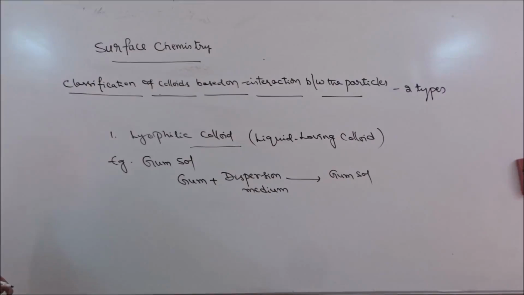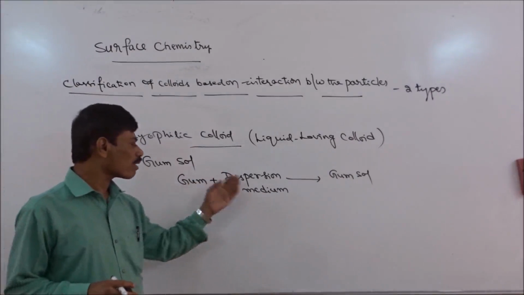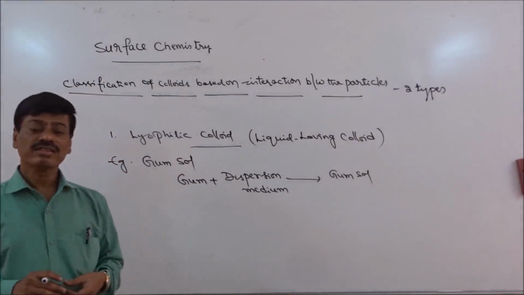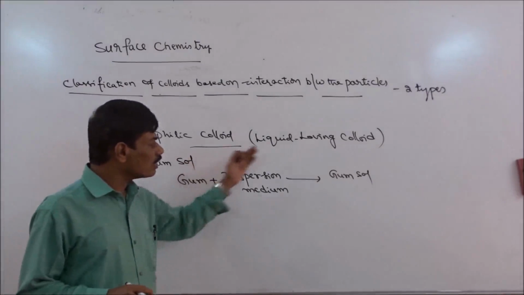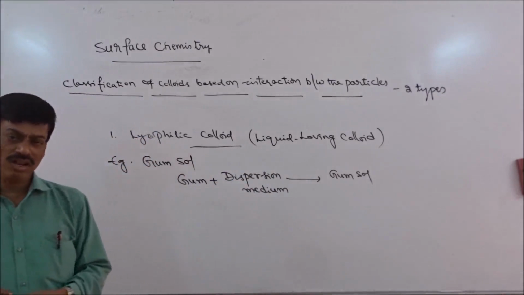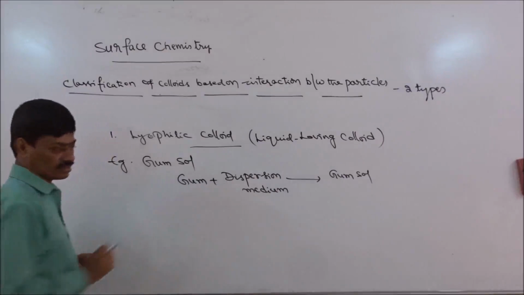This is the best example. In between the particles of the gum and the particles of the dispersion medium, there will be attraction, right? And that leads to the formation of gum salt. So here attraction is there between these two phases.